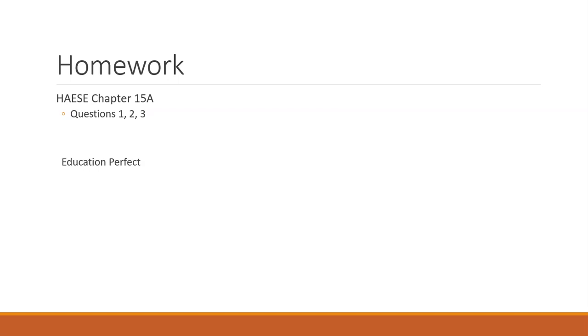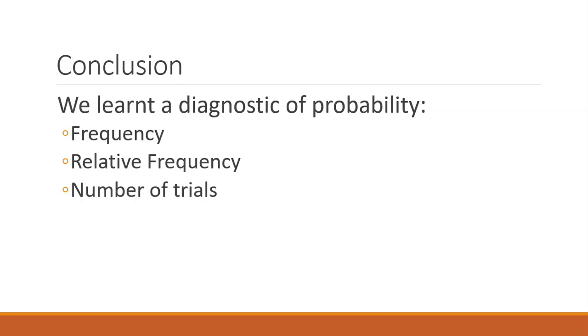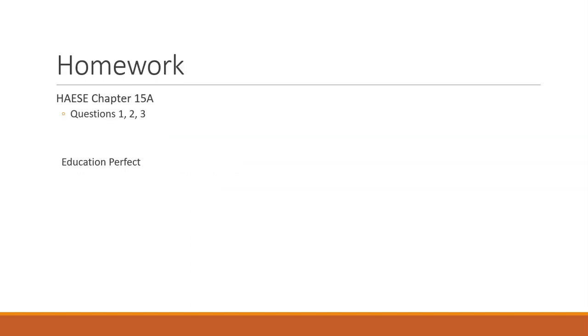This shouldn't take too long. It's only a small section, maybe about 10-15 minutes worth of homework. And what this will do is help you remember and understand the concepts of frequency, relative frequency, and number of trials.